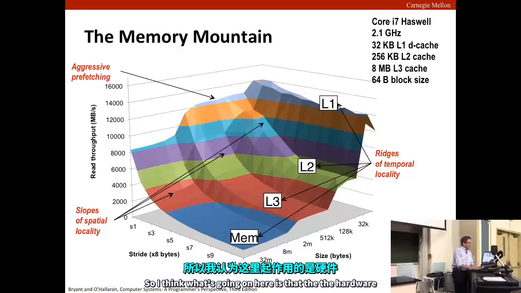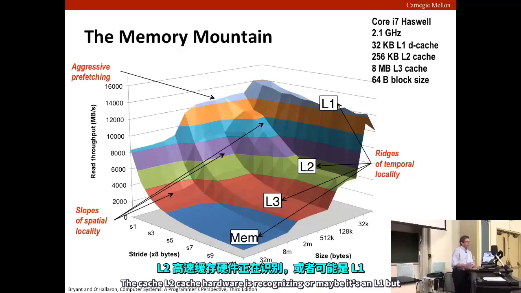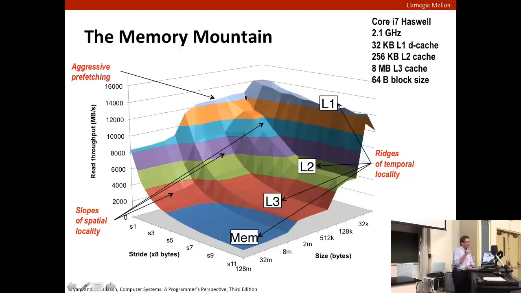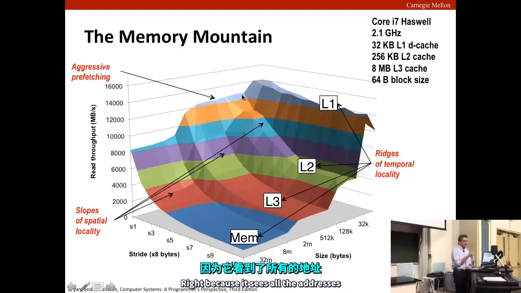And so I think what's going on here is that the L2 cache hardware, or maybe it's an L1, but some logic in the cache system is recognizing this stride 1 reference pattern, because it sees all the addresses.